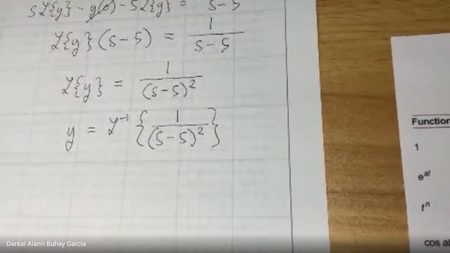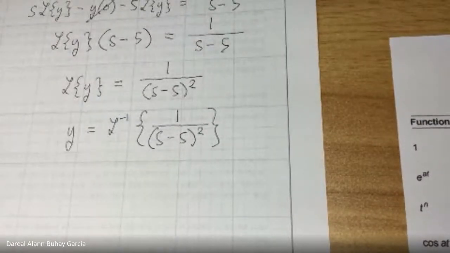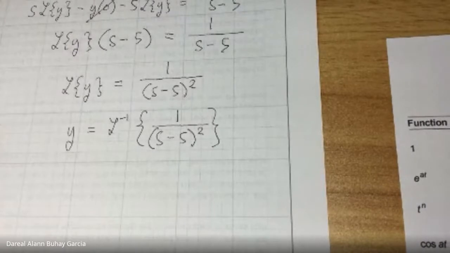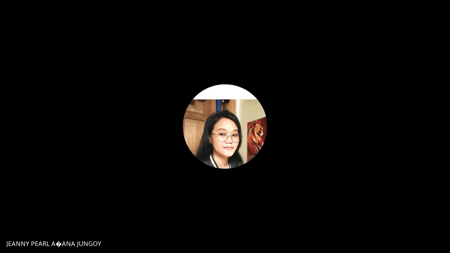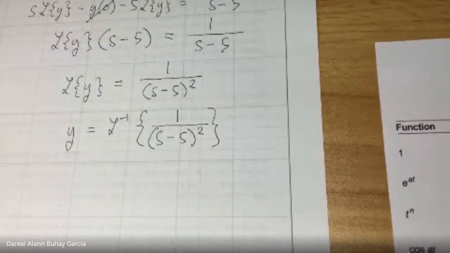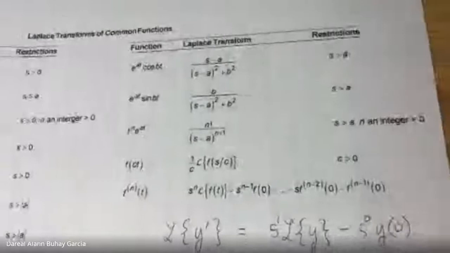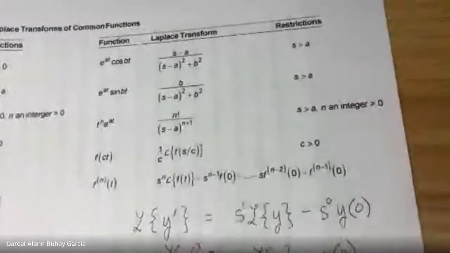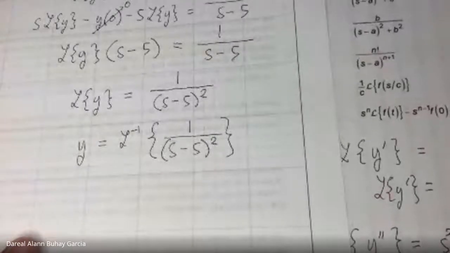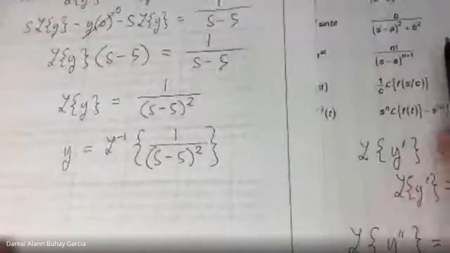I think this is the second translation property or shifting property. But it's in the table, right?